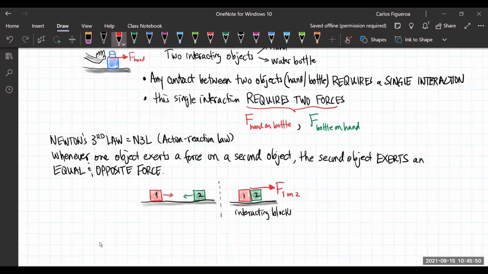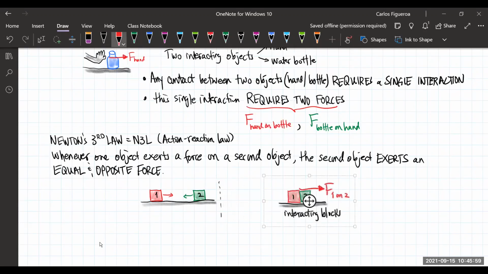Now, action and reaction are arbitrary words here. I'm going to move this over a little bit because I'm going to run into space issues. I'm going to say that this first block is the action. Remember, action and reaction are arbitrary.